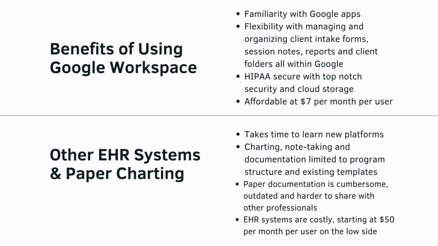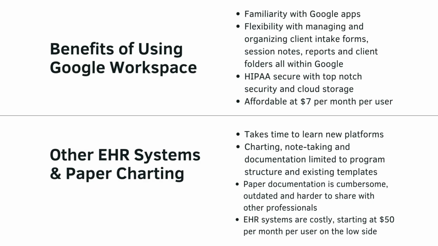When we compare that to other EHR systems and with paper charting, we see that these new platforms often take time to learn. Documentation is often locked into whatever structure the software gives you. And paper, that is cumbersome, it's easy to lose, and hard to share securely with other professionals.